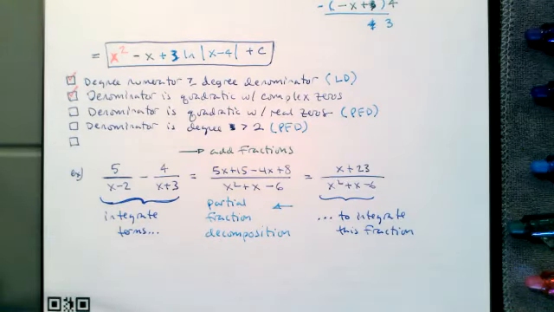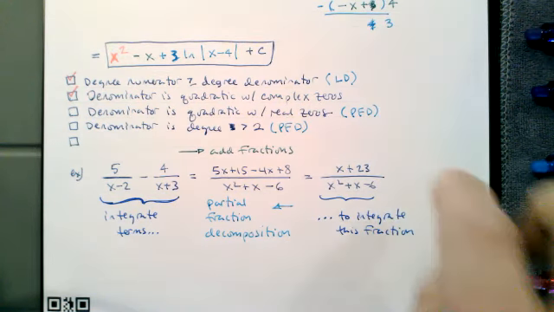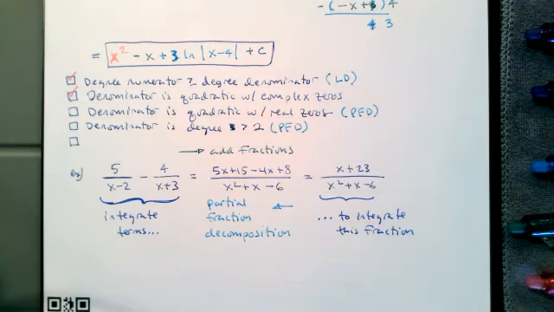If you're thinking, man, we are certainly in the weeds right now, then you are absolutely correct. If there's a line through calculus of things that we need to know to understand calculus, we have wandered off that line and we are deep in the weeds now. Because the real way we would integrate x plus 23 over x squared plus x minus 6 is to just drop it into Wolfram Alpha and say, hey, Wolfram Alpha, I have x plus 23 divided by x squared plus x minus 6.